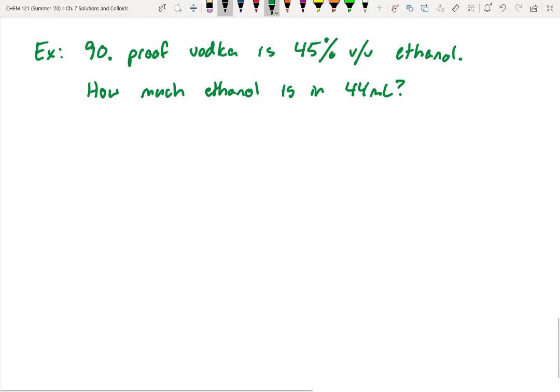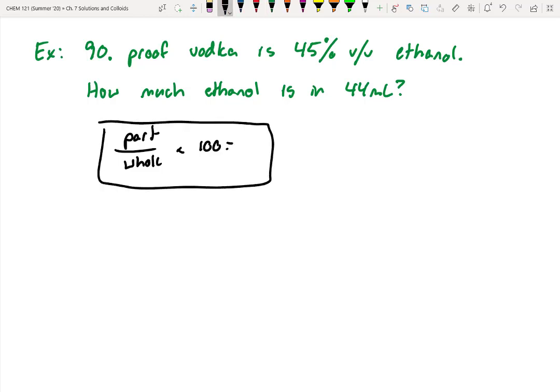All right, so we know that percentage is going to be equal to a part over a whole times 100, right? All right, so let's kind of write this out a little bit differently. This is just our standard percentage. We know that we're trying to solve for the part here, so I'm going to label that as X. The whole was 44 milliliters, and we're going to multiply this by 100, and this is going to be equal to our 45%. So if we want to do this really quick, let's just divide each side by 100 to get rid of that 100 unit.